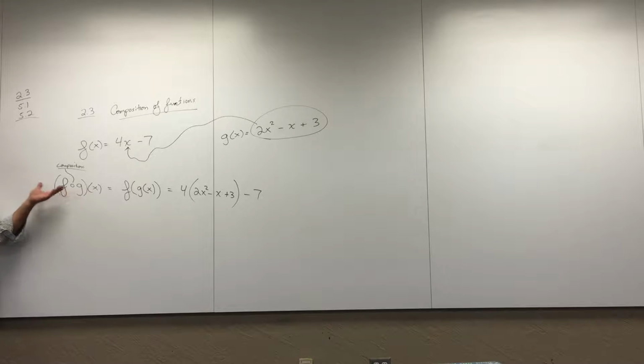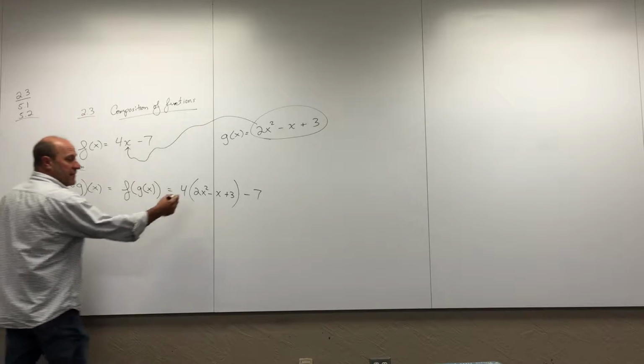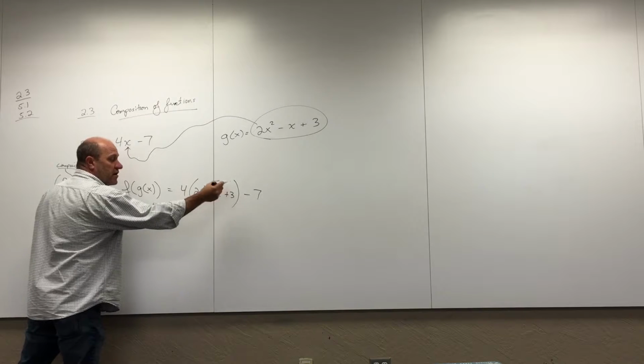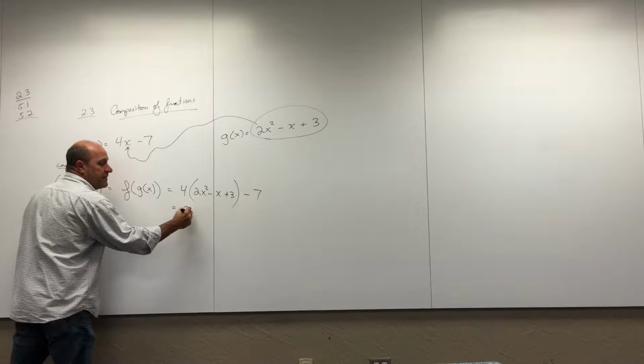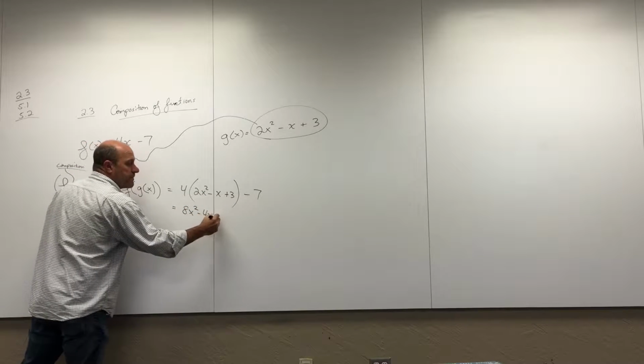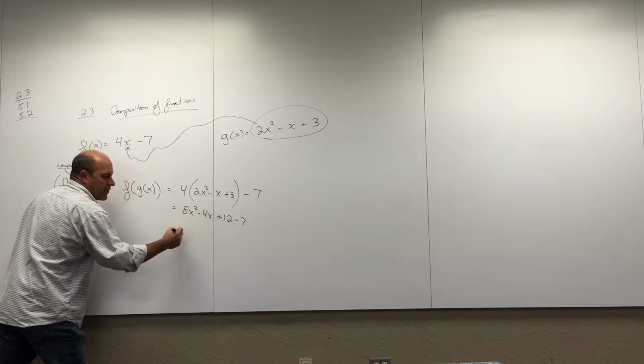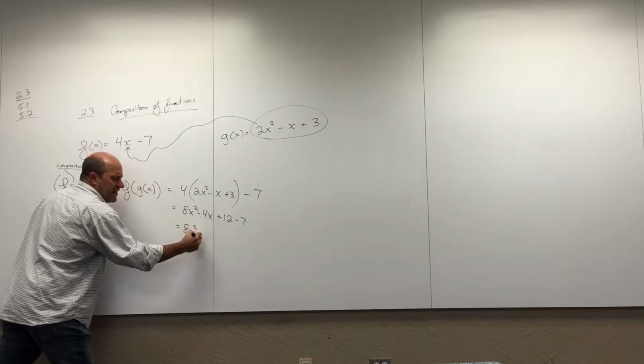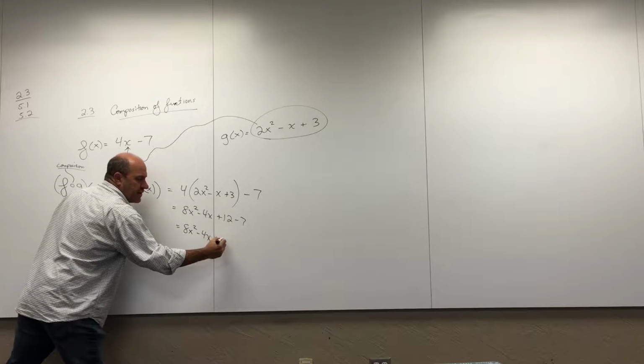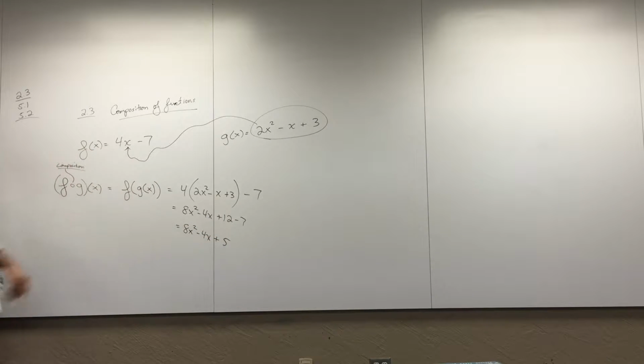This is a new dude. It ain't f, it ain't g, it's a new guy. It's the composition of f and g. I could clean it up. I could distribute the 4 and gather a couple like terms together. You guys okay with this? Distribute the 4, gather a couple like terms together, and here it is, the composition of f and g.